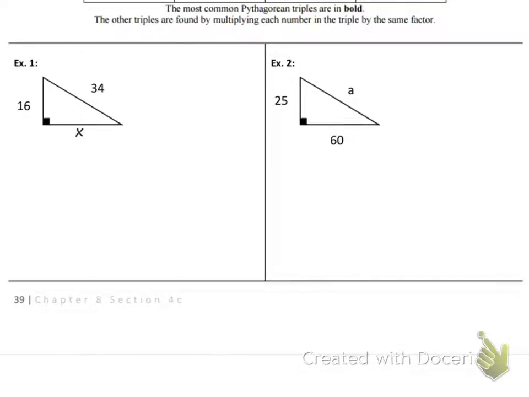X is going to equal 30 because, really quick, I'm going to draw a similar triangle here. 34 and 16 are both divisible by 2, so I'm going to use 17 and 8. I just divided both by 2 to get a similar triangle, 17 and 8.